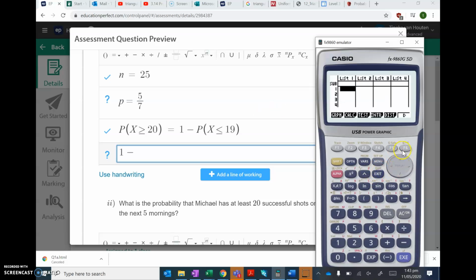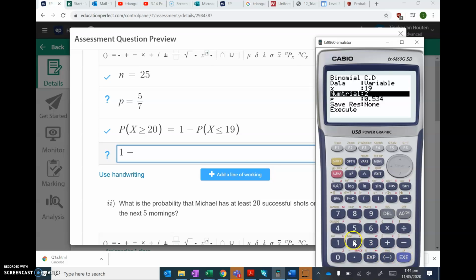So I need BCD this time, binomial BCD, because I want less than or equal to 19. I have an X of 19, that's the one that's in the brackets. I have a number of trials of 25. And I have a probability of 5 over 7. You can use the divided by, you can use the ABC button, but it's 5 over 7.